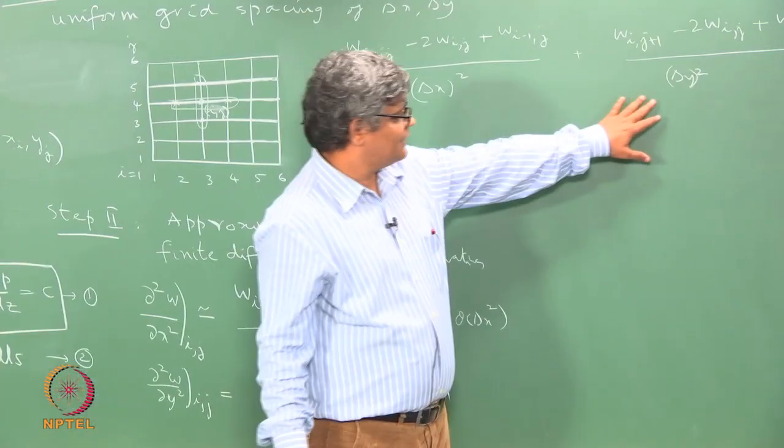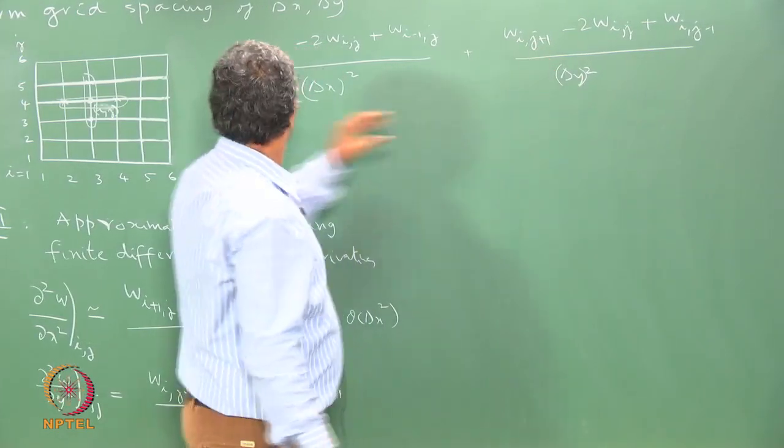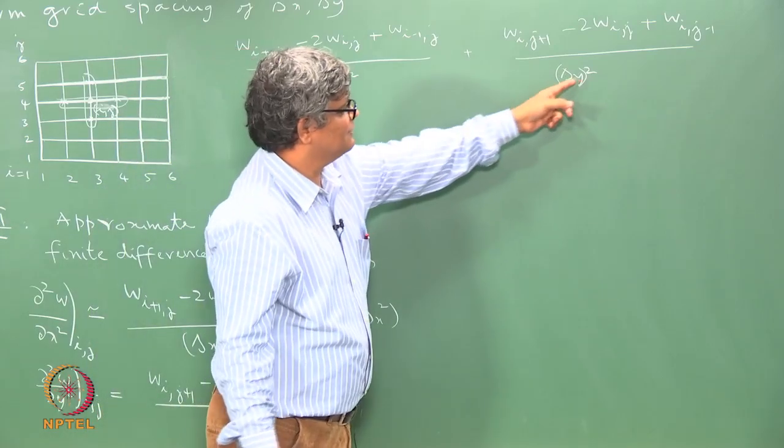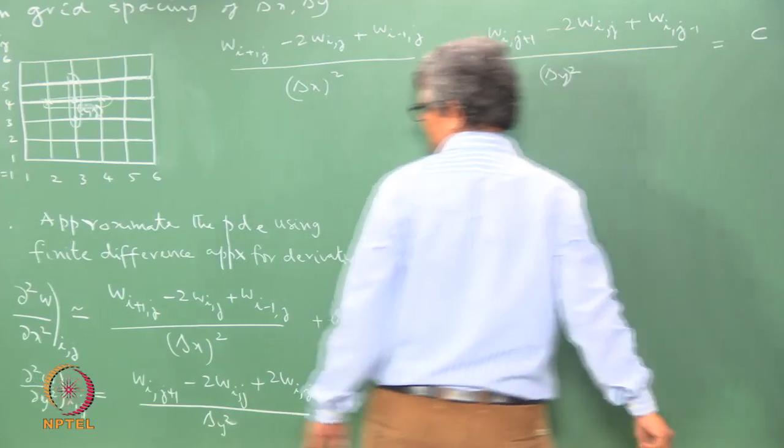Although I am calling it delta y whole square, it is not delta square y square. Delta y is a value which is the grid spacing, 1 centimeter, 1 millimeter or whatever, squared, and this is equal to C, constant.